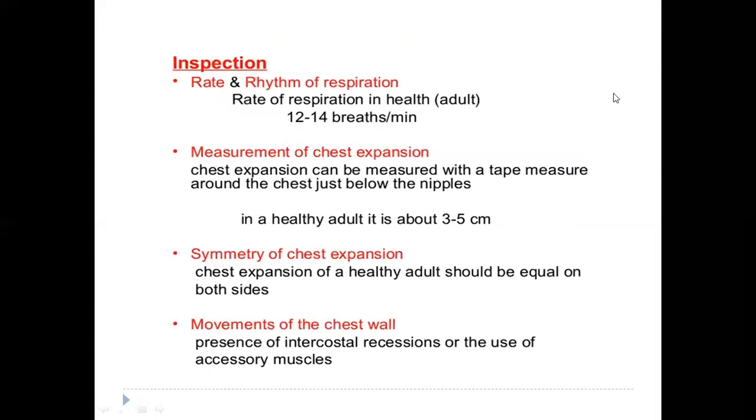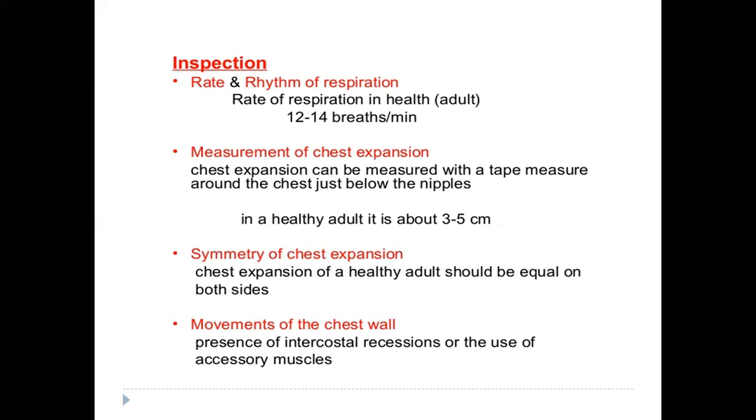We will check the respiratory rate. The common rate is 12 to 14 breaths per minute. We will measure the chest expansion using a measuring tape around the nipples, and in a healthy adult it is 3 to 5 centimeters. We will check for symmetry of chest expansion.